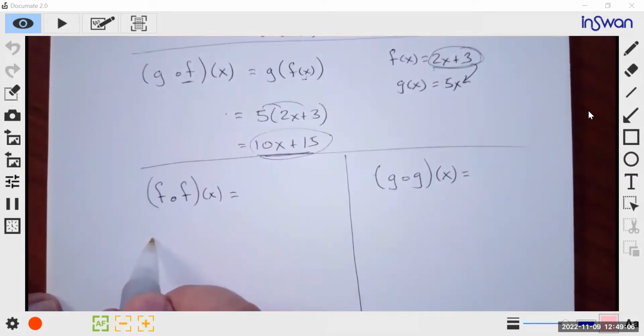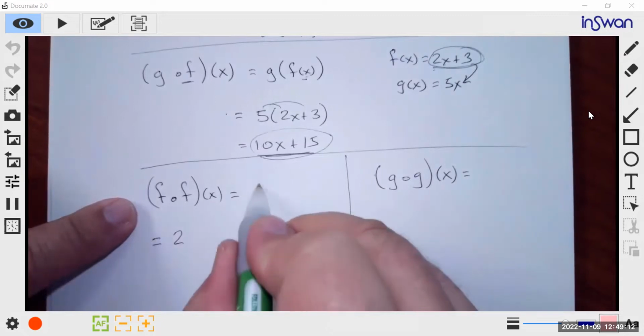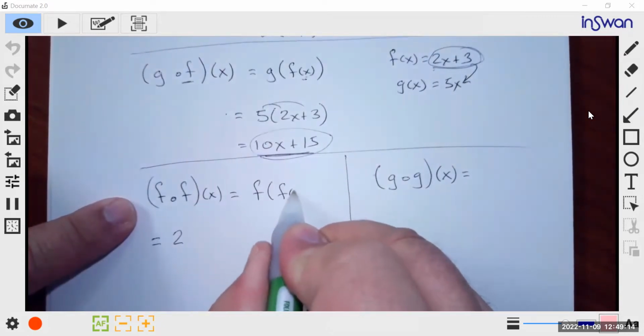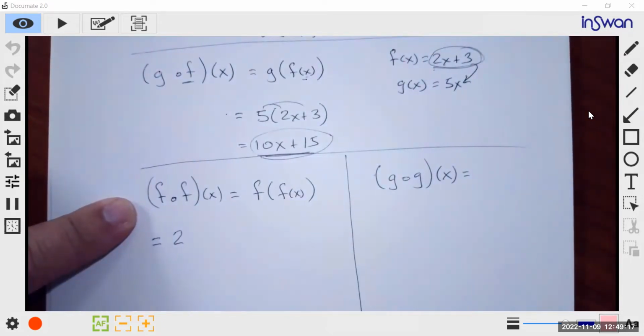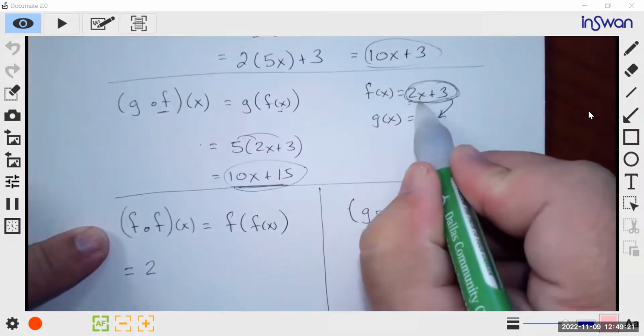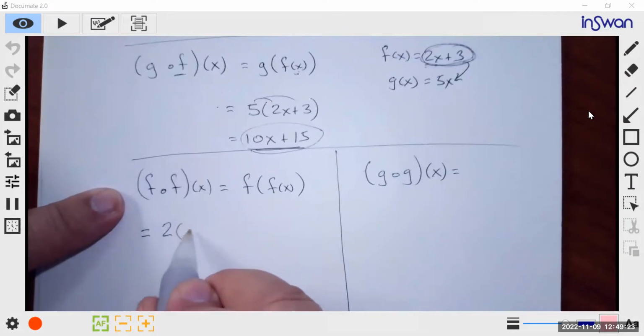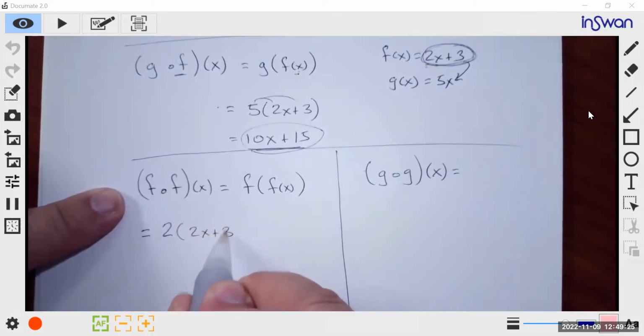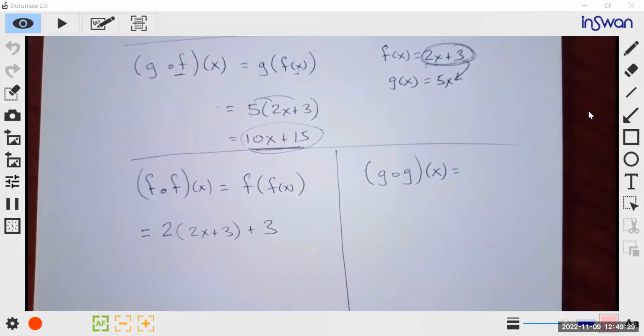So what's this one going to look like? Well, this is f inside f. Anywhere I see an x in this equation, I put it inside there. So it's 2 times (2x plus 3), plus 3, because the function f goes inside wherever the function is.